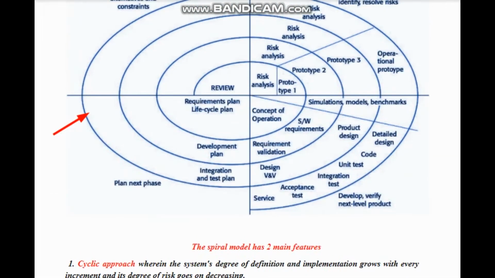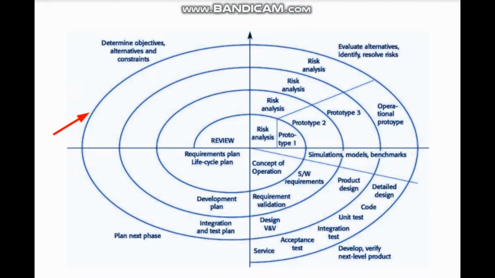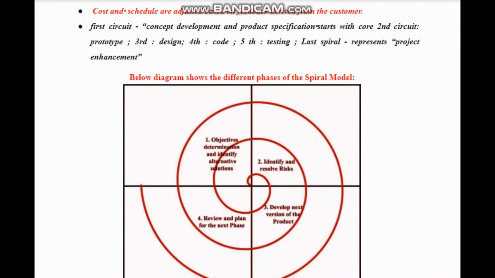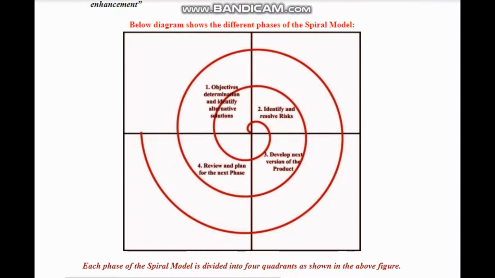As per this diagram, you can see that the first circuit represents all about the specifications and requirements. The second represents the risk analysis, next prototyping, next designing, and lastly testing. In this way each circuit or each loop has its own importance in the working of the spiral model.